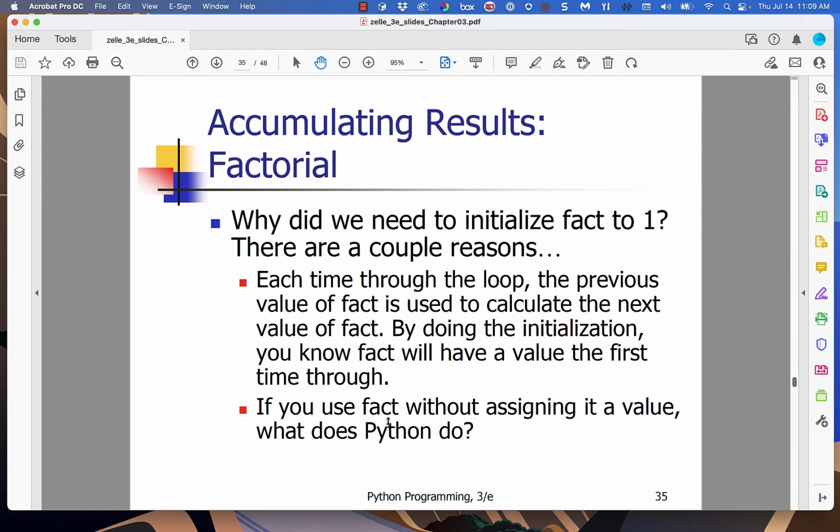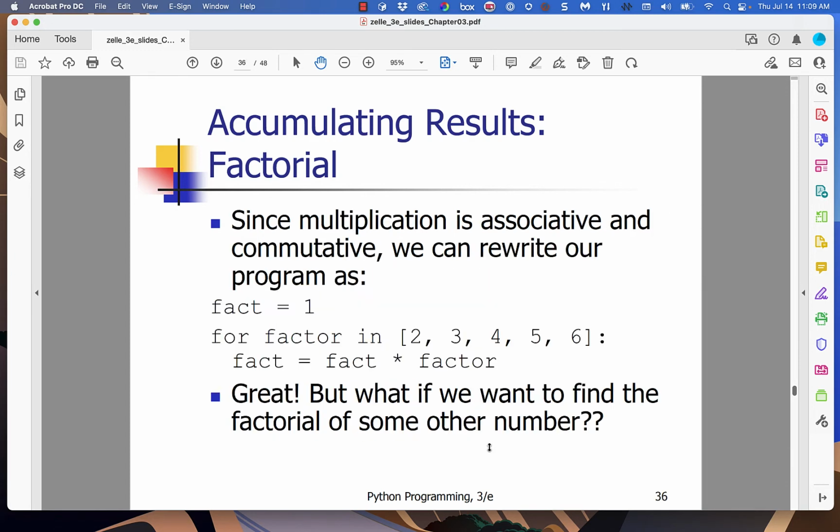So here, if you use fact without assigning it a value, what does Python do? Whenever we try to use a value in an expression and we haven't already initialized it, we're going to get an exception, and it's going to blow the program up. Since multiplication is associative and commutative, we can rewrite our program like this.